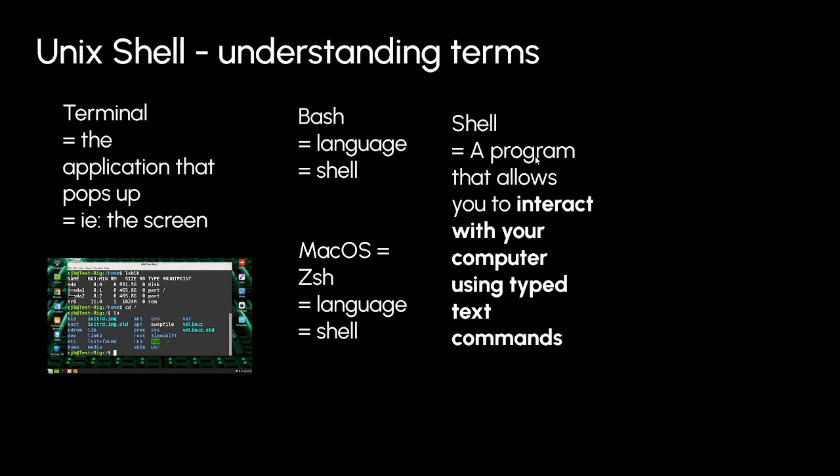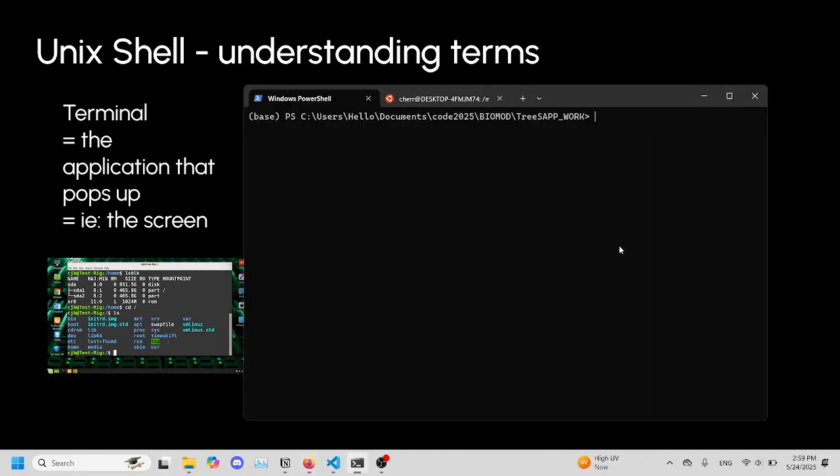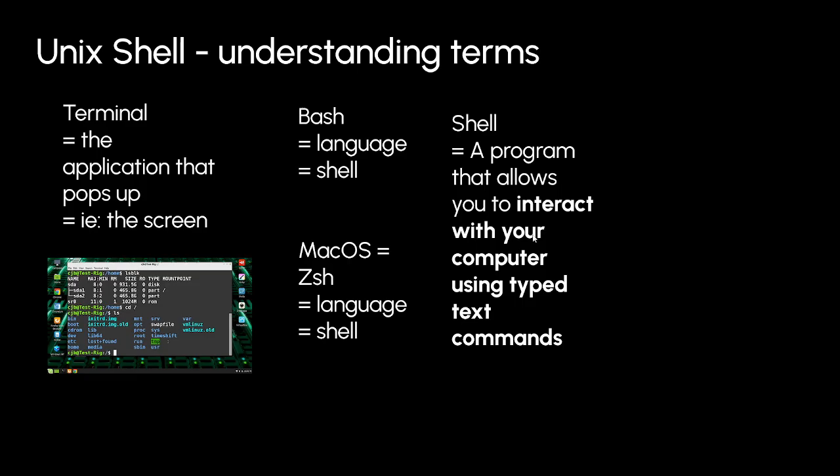It's a program that allows you to interact with your computer using typed text commands, right? So if I type something here, the computer is able to interact with it. There's an ability for this to get sent to the computer to understand it as the language, instead of me typing on Google Docs, right?